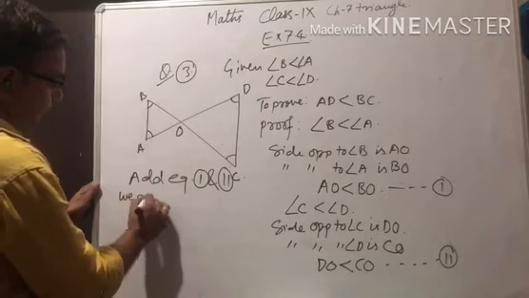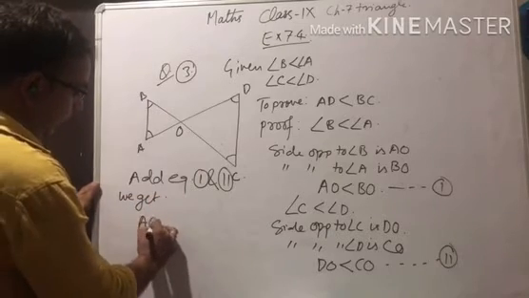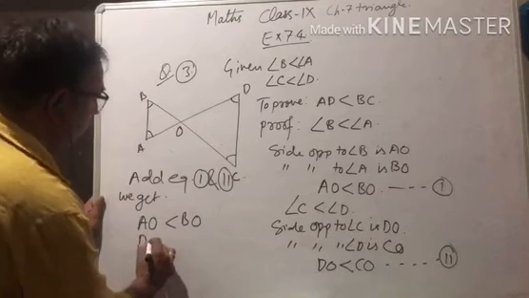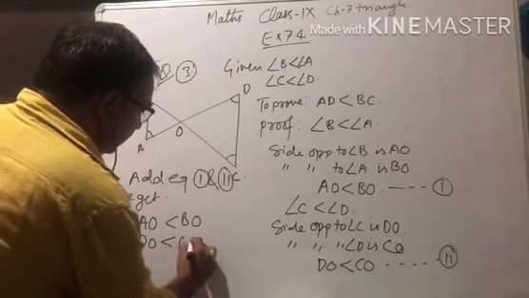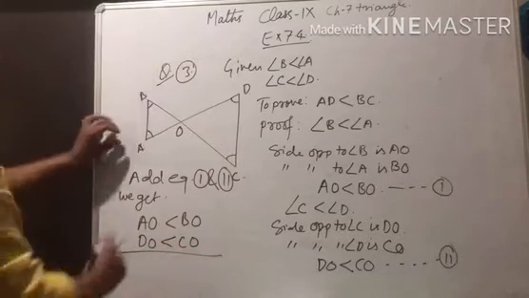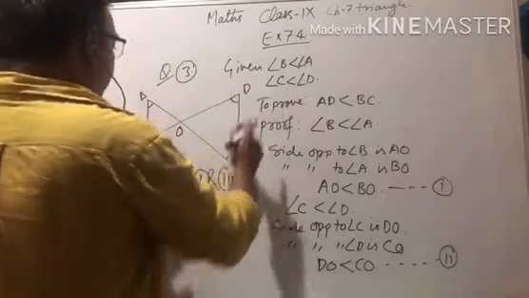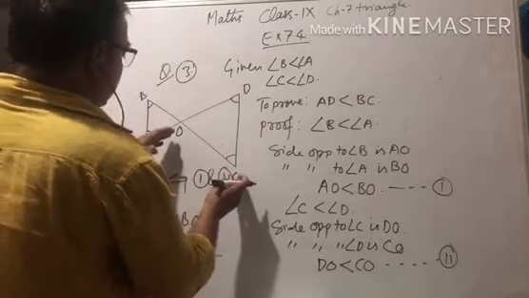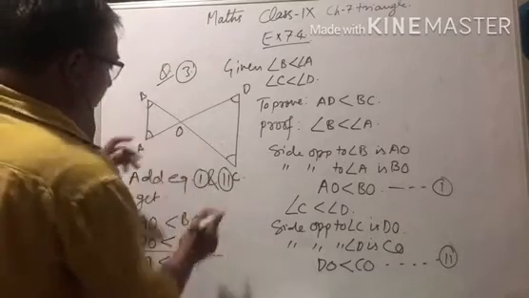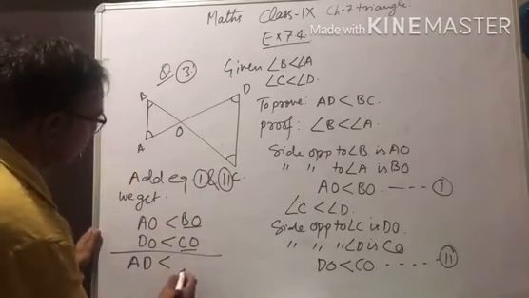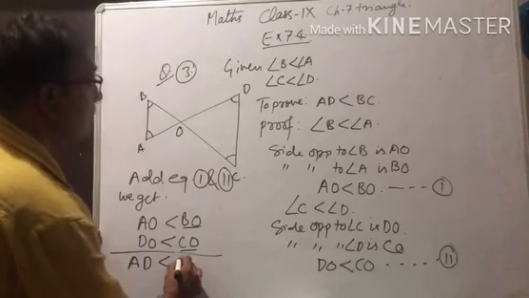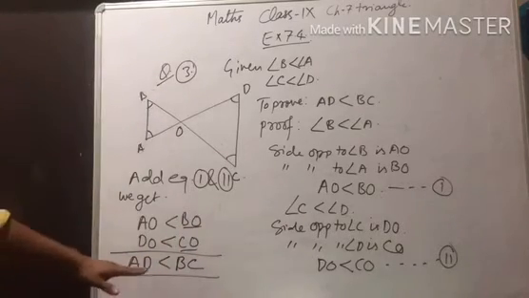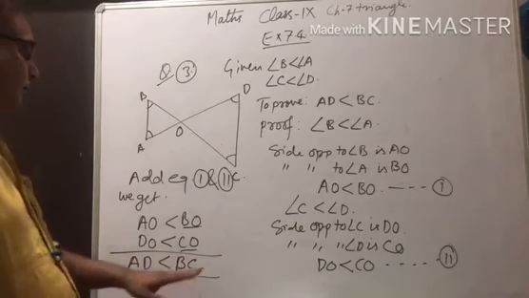We get AO is less than BO, and DO is less than CO. When we add this, AO and OD become AD, which is less than BO plus CO, which is BC. Now AD is less than BC. Proved.